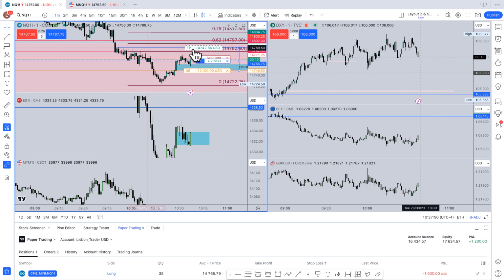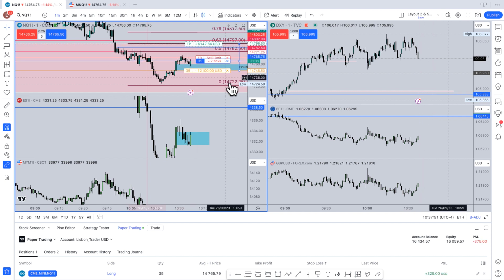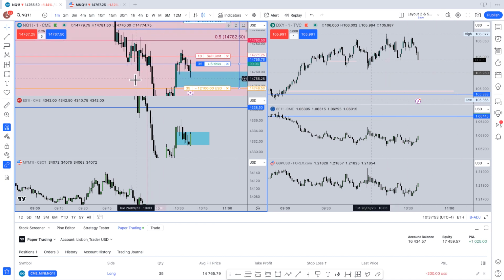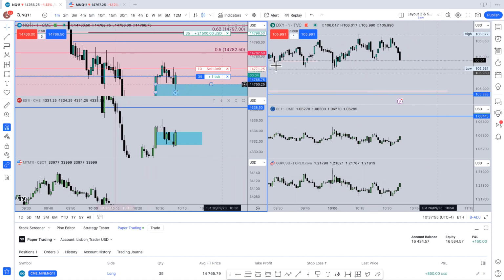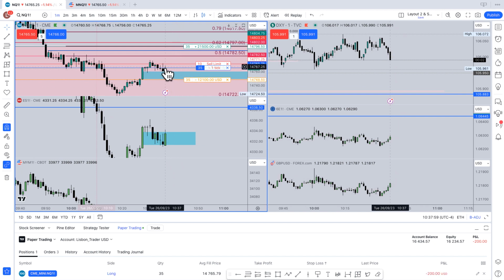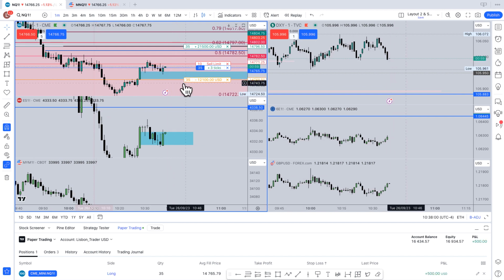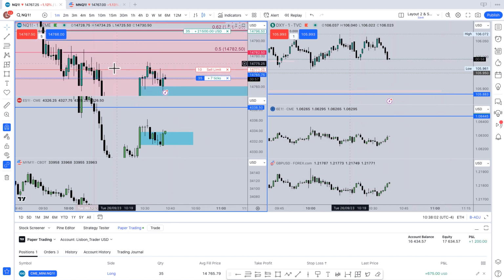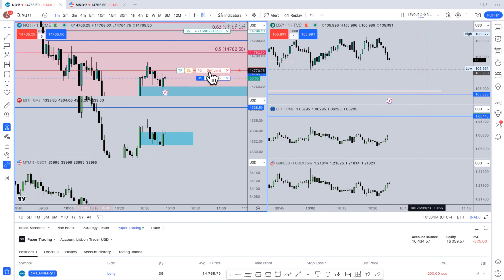There. Now it will just push higher. It's 10:37. It will most probably engage at 45.